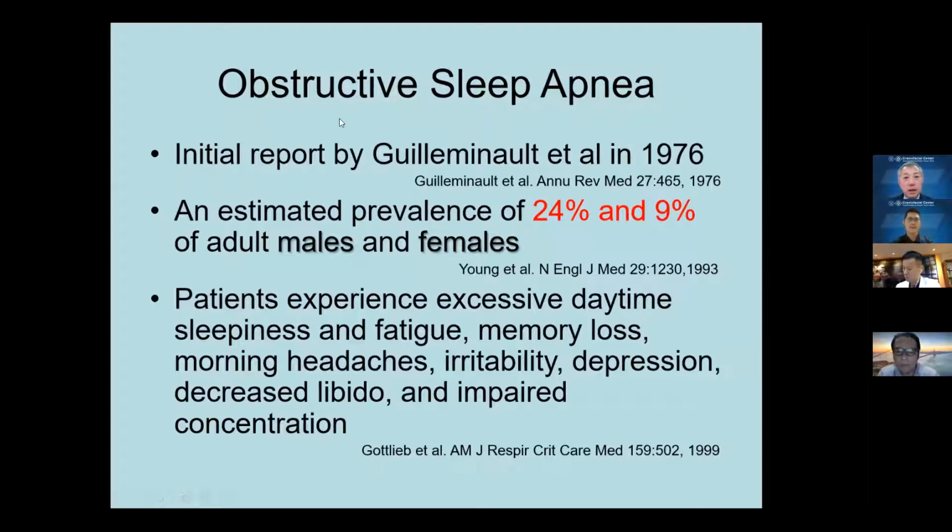The criteria for OSA was initially reported by Professor Guilleminault in 1976. And the prevalence of OSA in males and females is around 1 in 5 or 1 in 10. So patients can have many symptoms and signs.